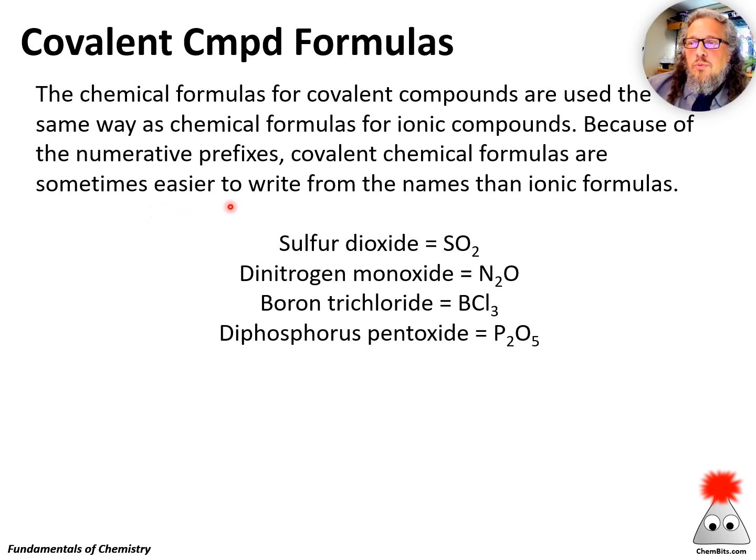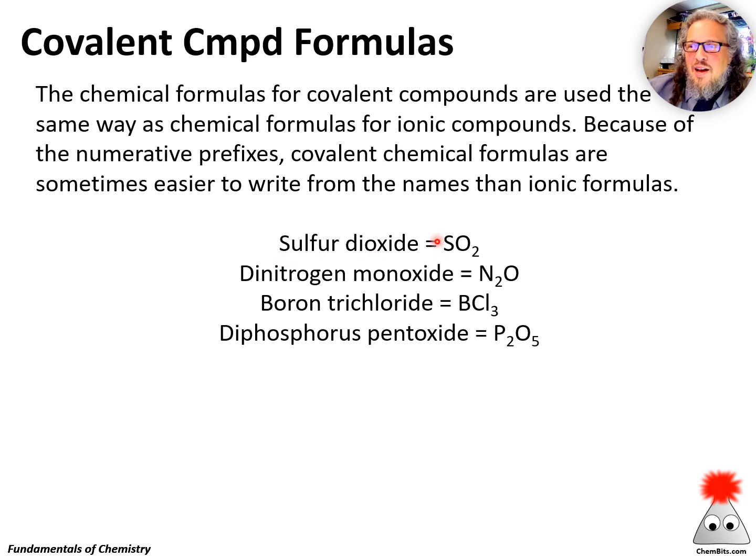So what do we do when we're translating between names and formulas? These numerative prefixes are actually helpful to us because we don't have charge to help us, so we have to rely on the name.